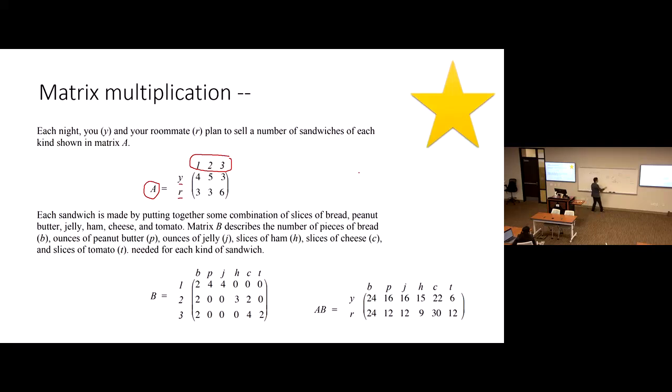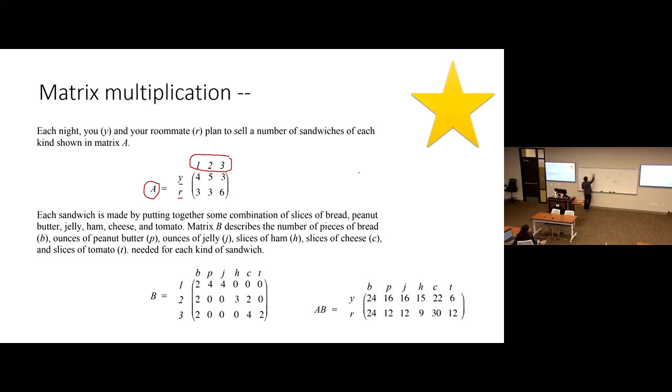You get 24 in this position. You get another 24 on the second row. What that means is you need to buy 24 bread, because you want to make 4, 5, 3 different kinds.